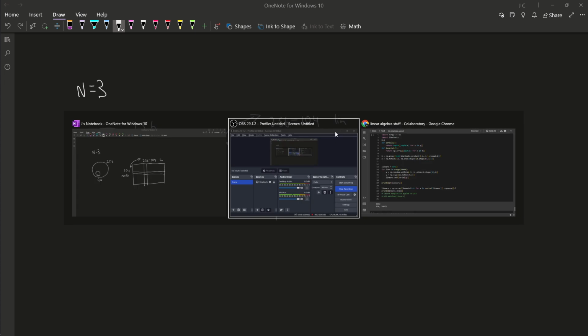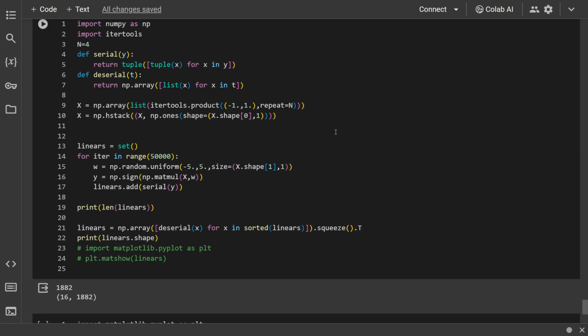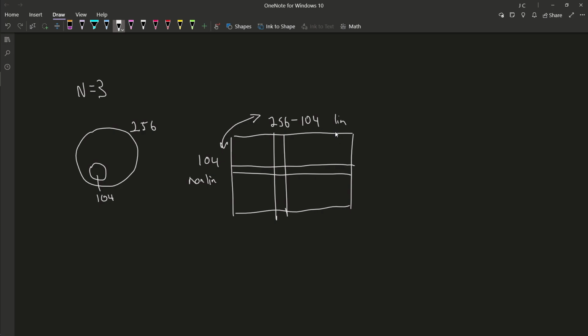So anyway, let's just look at some results. Actually, no, I didn't actually do it that way. What I did was I took the rows and I turned them into a histogram. So we have distances; for n equals 3, you can have distance up to 8, so 0, 1, 2, 3, up to 8.